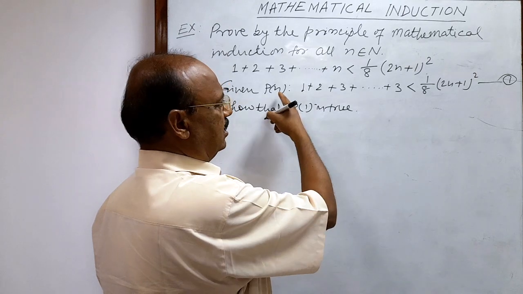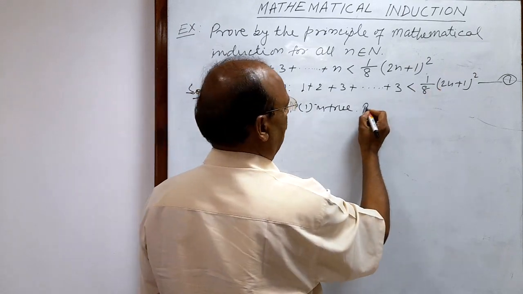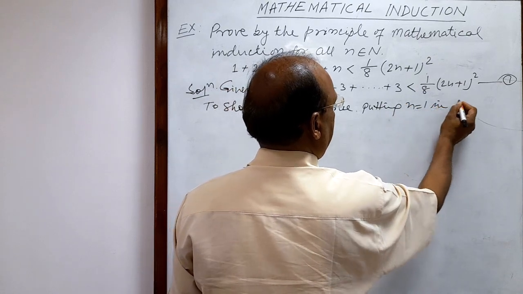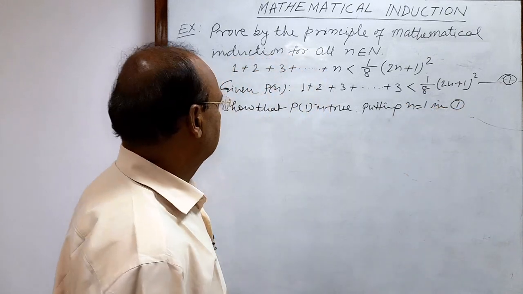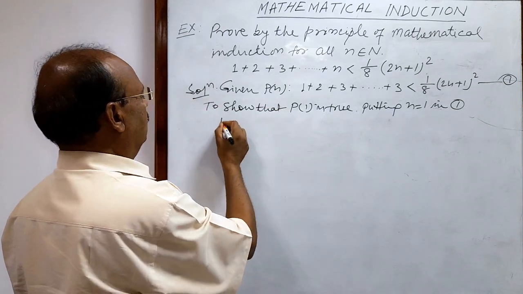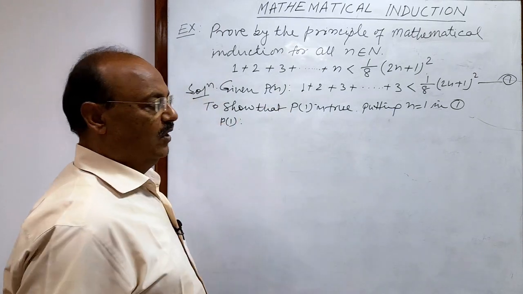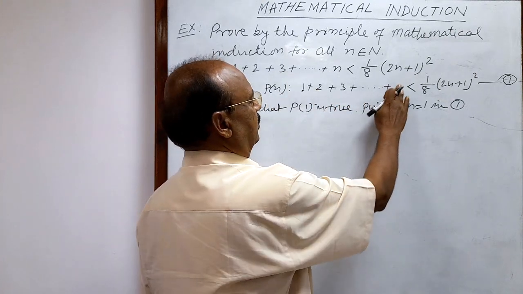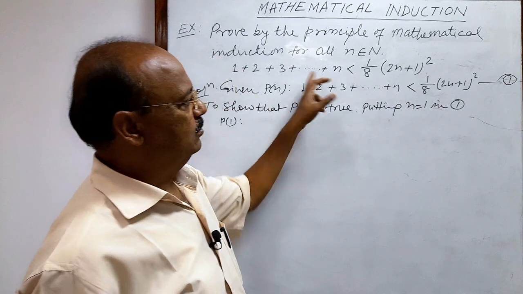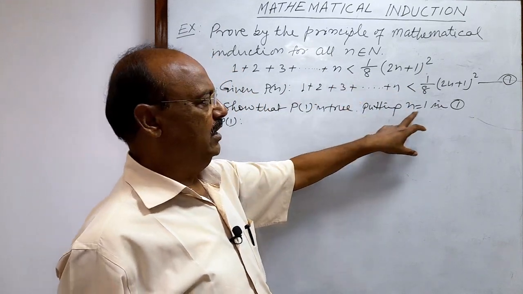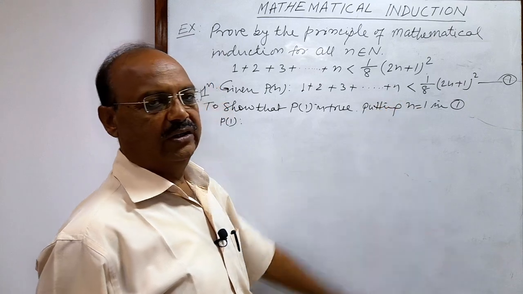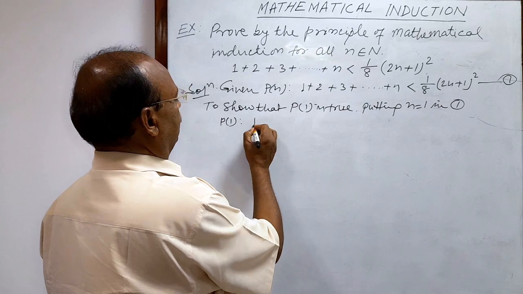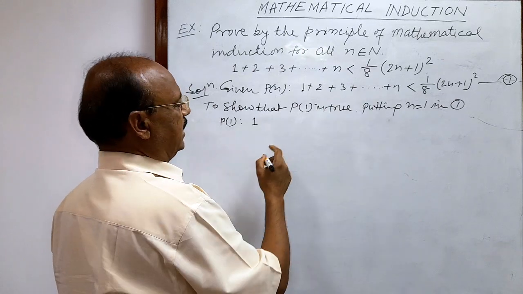So putting n equal to 1 in relation number 1, we are getting P1. Here the total number of terms is n, but when we put n equal to 1, we have to take only one term, only the first term, and the first term is 1. So P1 will be 1, and this is the left hand side.